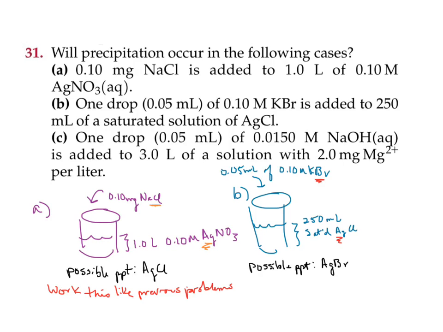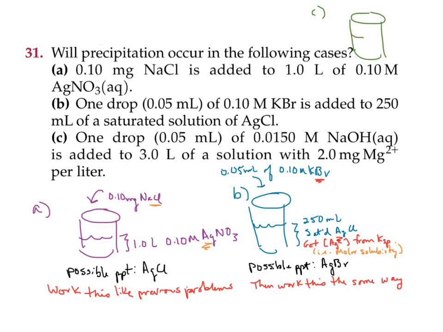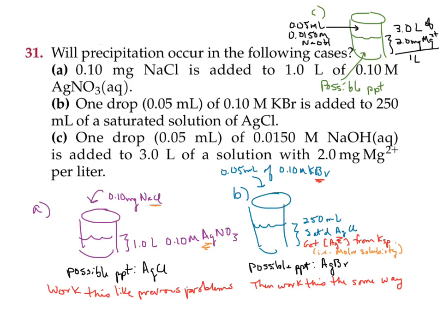This one is a little bit different in that you're going to have to use, how are you going to get to the silver ion concentration? You're going to actually use the KSP for silver chloride, come to the molar solubility of silver chloride, and that will be the molar concentration of your silver cation. Then you can plug that back into your QSP expression and compare to KSP.